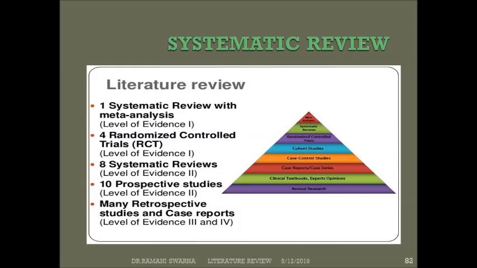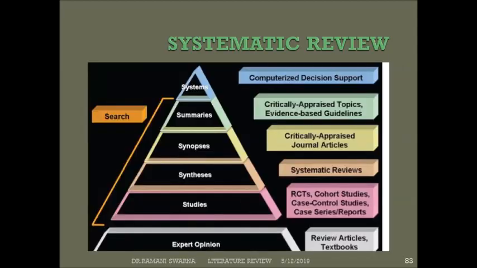Now coming to the next one, this is where they have made us understand in another way. At the expert opinion level, review articles, textbooks we have to read. In the earlier slides we missed out the textbooks or the standard books given to us as per the domains. For example, for marketing, a specific book is dedicated, that you should know, and if you do not, then it's a waste studying the market.